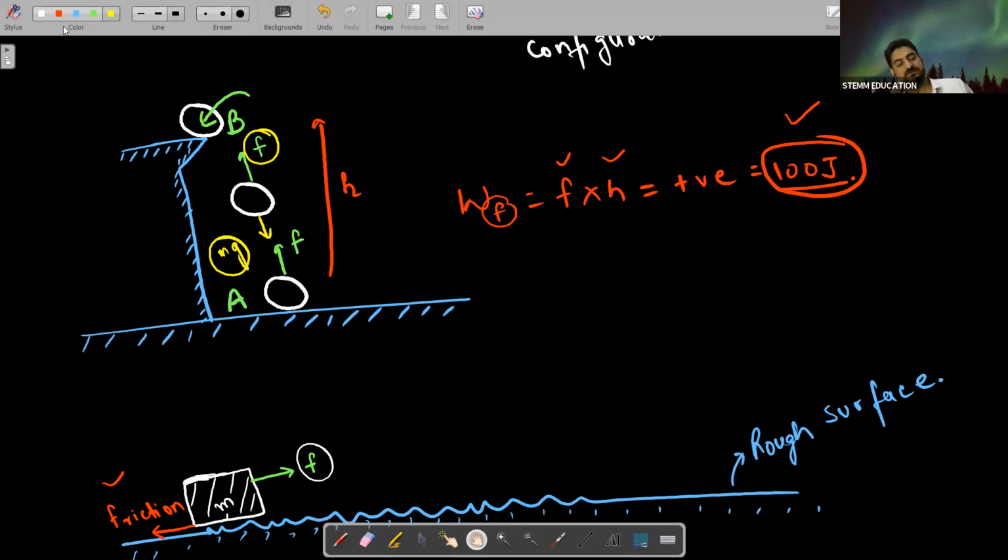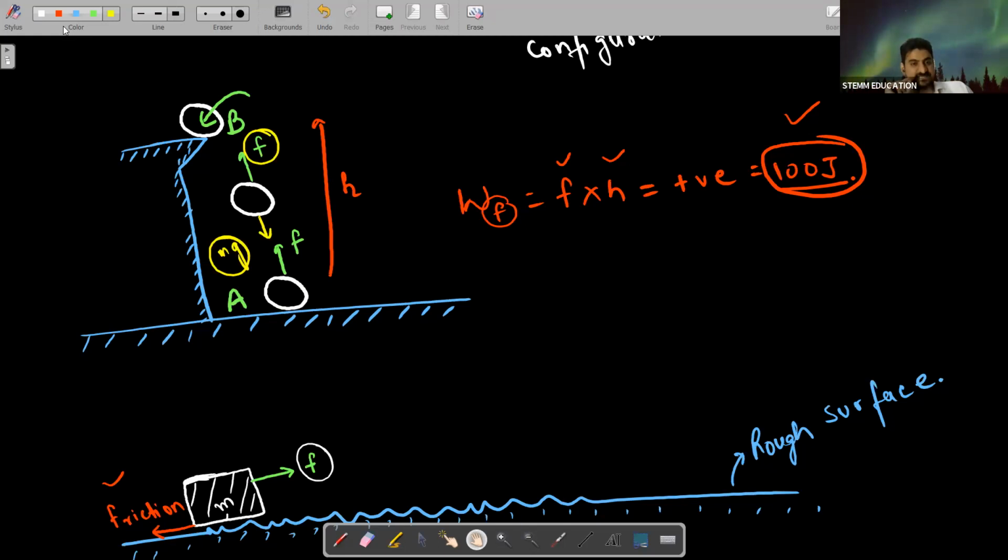In the first case, the force which is trying to stop the external agent is the mg force. And in the second case, when we are trying to slide something over a rough surface, the force trying to stop the external agent from moving the block is known as friction. So in the first case, gravitational force is stopping the ball, and in the second case, friction is stopping the block.